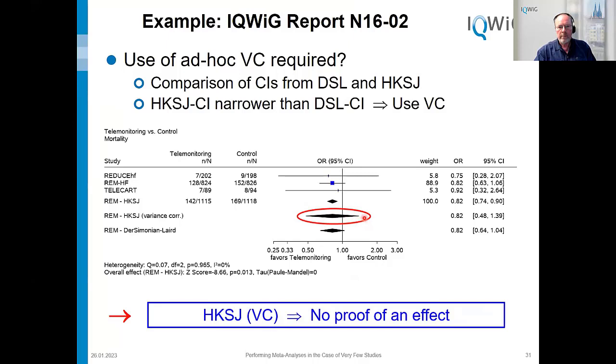And this confidence interval is not non-informative, because it's not wider than the union of the single confidence intervals. So in this example, we would use Hartung-Knapp-Sidik-Jonkman with variance correction, and the conclusion is that in this situation, we have no proof of an effect.